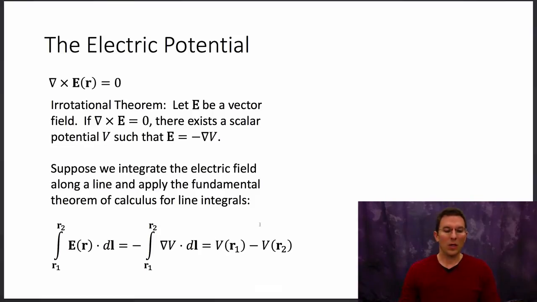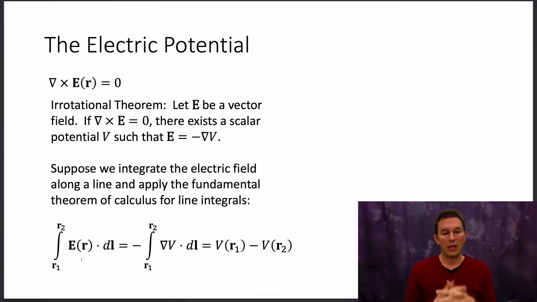So this tells us something about what the scalar potential, what the voltage V actually is. The voltage V between 2 points, the potential difference, is literally equal to the line integral of the electric field between those 2 points.